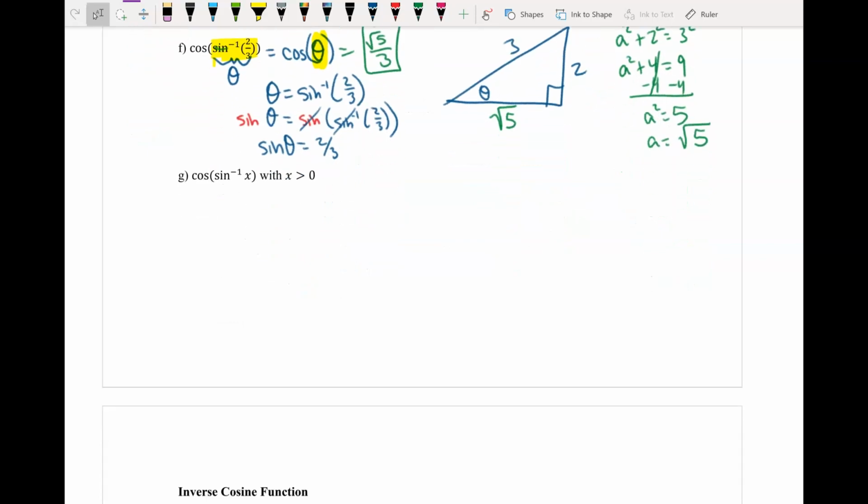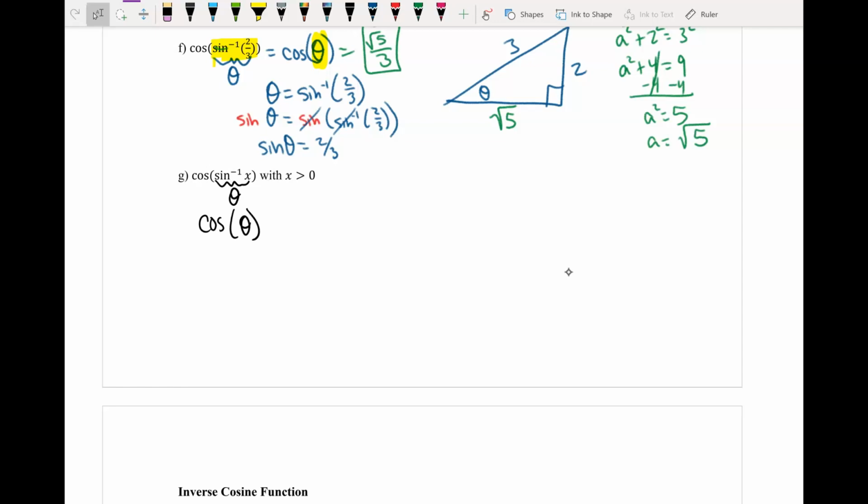And now let's take a look at this last example: the cosine of sine inverse of x, with x being greater than 0. We're going to do kind of what we did before. Notice that this inside part is still going to give me a theta value, so we have cosine of theta.